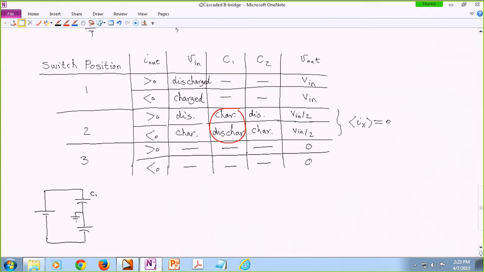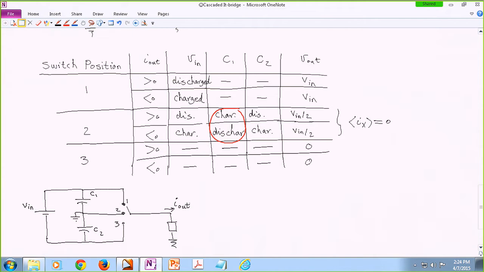So then still you have C1, C2, Vin, okay, so something like this. Still, you have to make sure on average the current that charges or discharges the capacitors is 0.